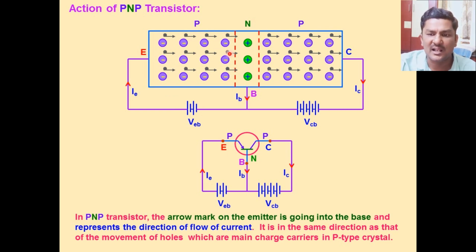These holes are repelled by the positive terminal of the battery and enter the base region, and very few, about 5%, combine with electrons available in the base region. The remaining holes move to the collector region and are attracted by the negative terminal of the battery.